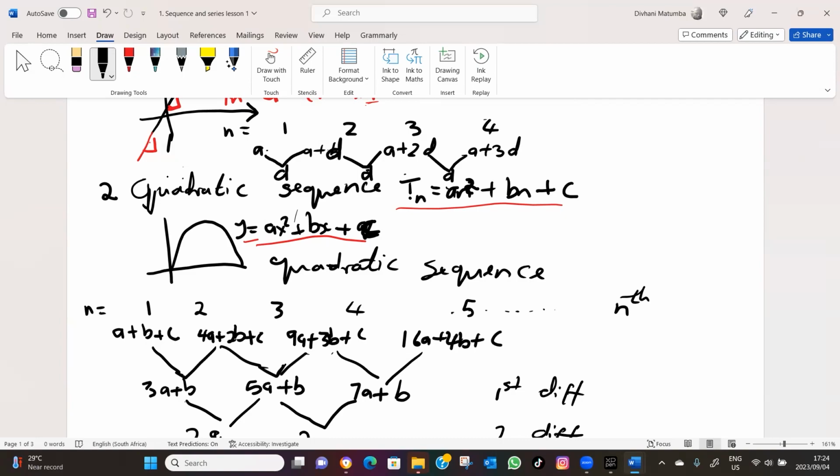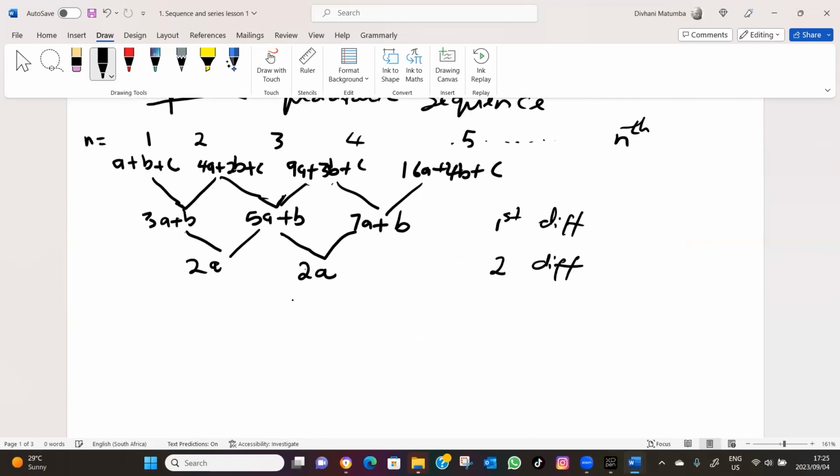This is a quadratic sequence. A quadratic sequence is a parabolic sequence. My bad. I made a mistake. It's not a geometric sequence.